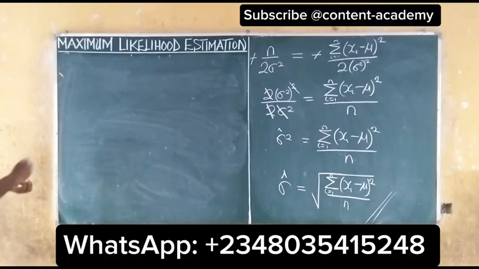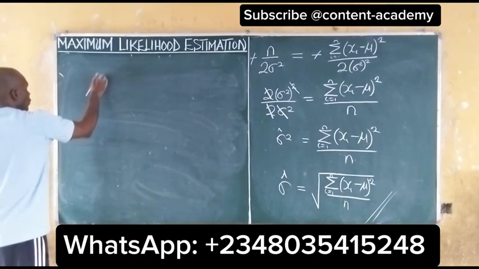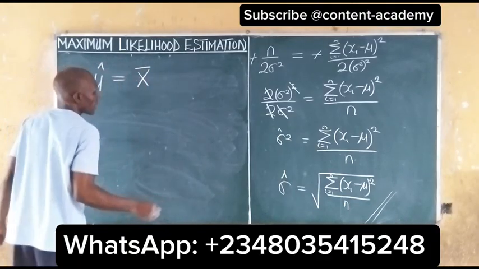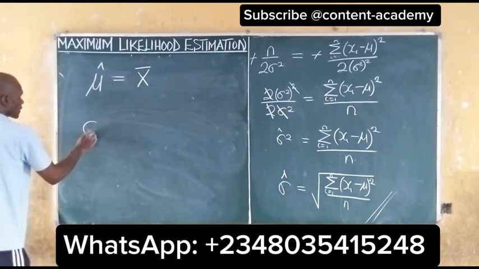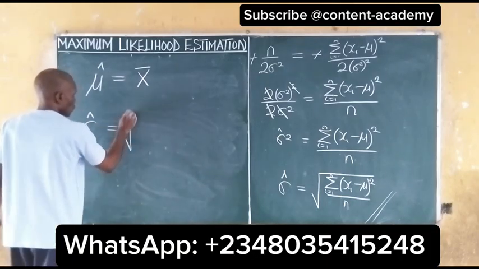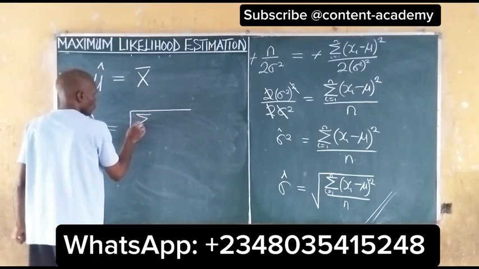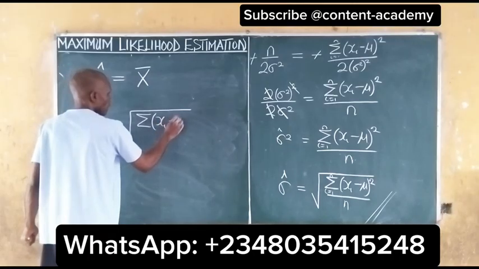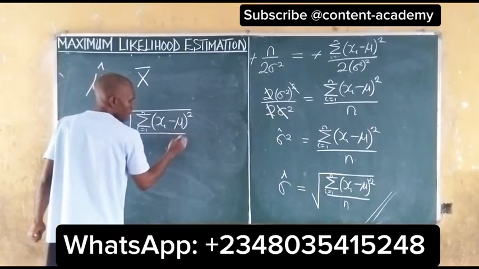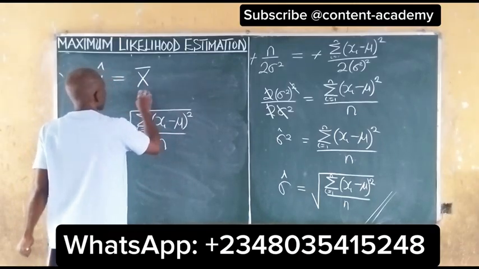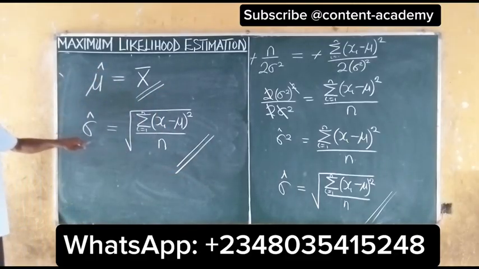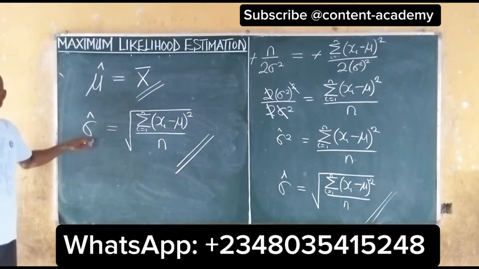You will recall we got our mean estimate to be x bar, which I said is unbiased, and our maximum likelihood estimate for the variance to be the square root of the summation of (xi minus mu) squared as i runs from 1 to n all over n. So this becomes the maximum likelihood estimator for the mean and for the variance.